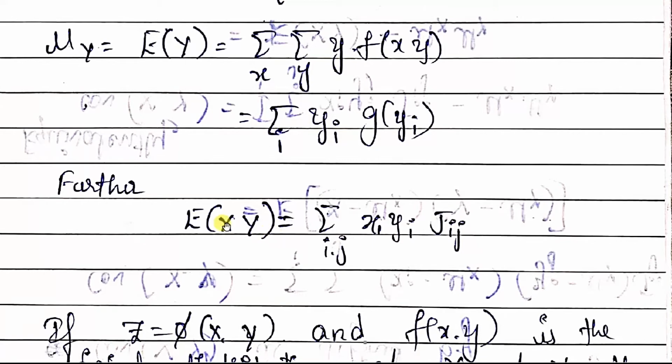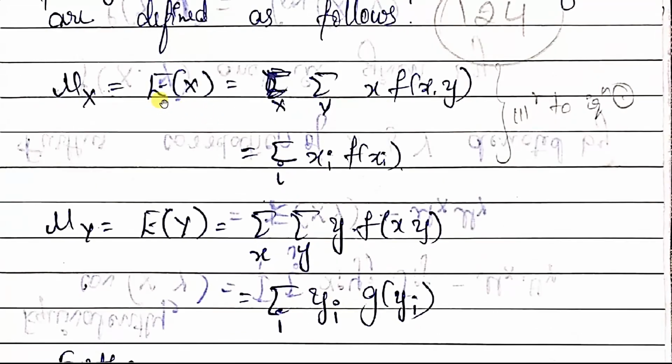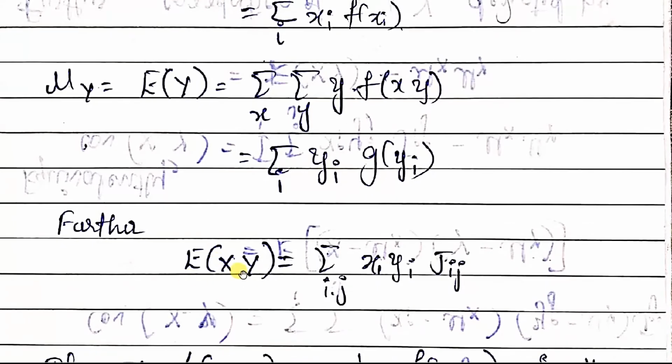Now the expectation of both x and y is given by, see this is simply expectation of x, this is simply expectation of y. Now expectation of both x and y, expectation of xy is summation i comma j, i runs from 1 to n, j runs from 1 to m, x_i y_j f_ij.